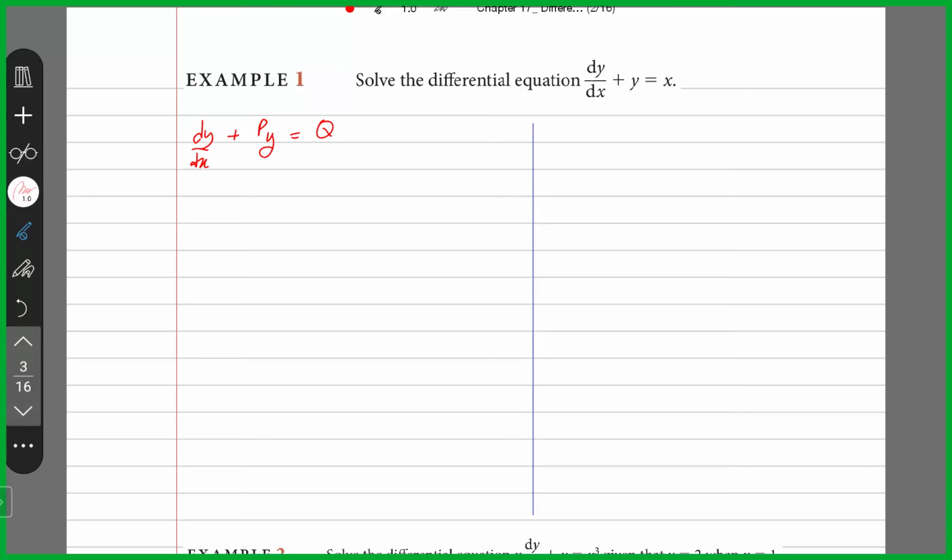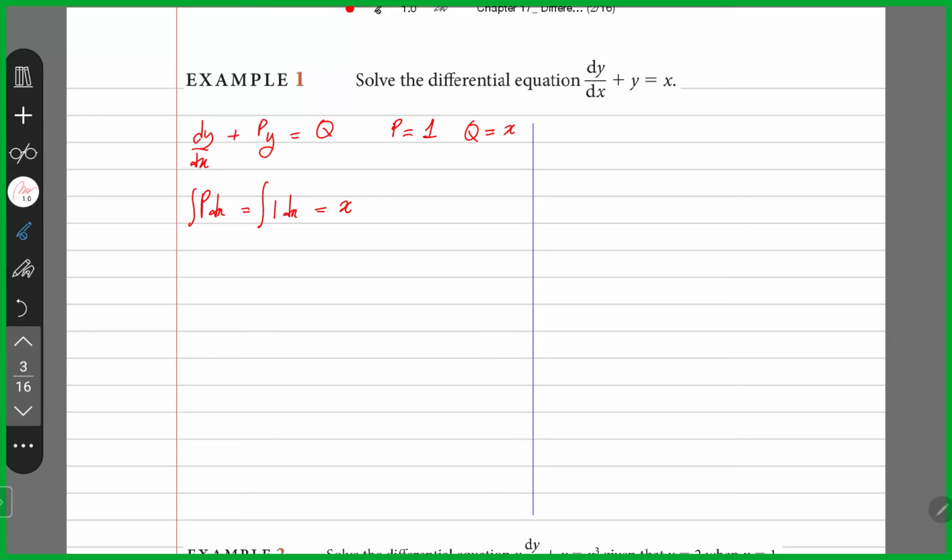In this case, p is equal to 1 and q is equal to x. As part of the solution, I need the integral of p dx, which is the integral of 1 dx, and when you integrate 1 with respect to x, you get x.